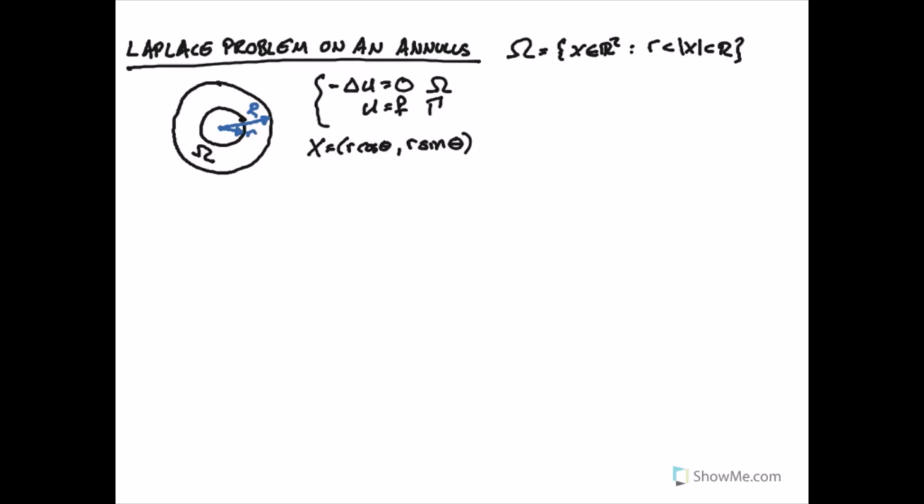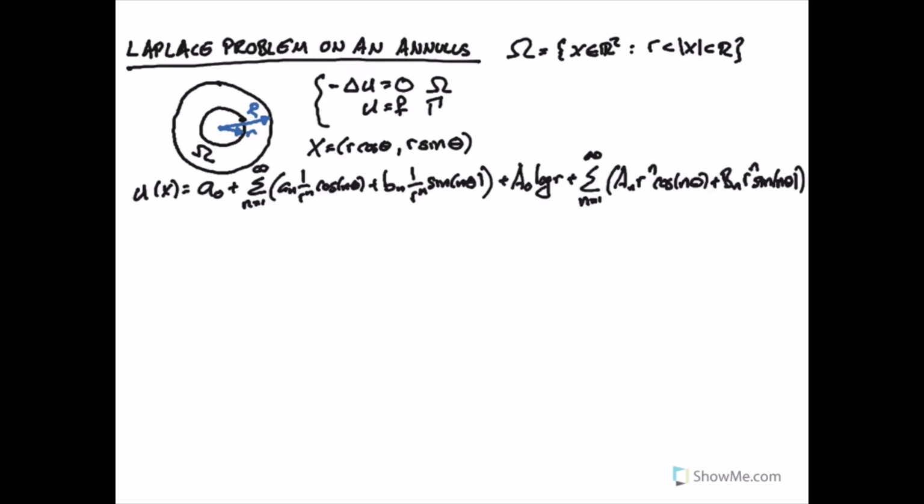In this case, it's very natural to work with polar coordinates. And then let us write down the solution. It has some terms that are constant or decay as r goes to infinity, and some that increase as r goes to infinity.